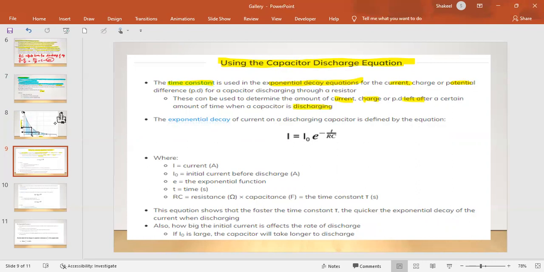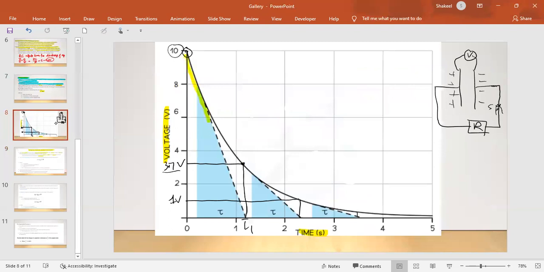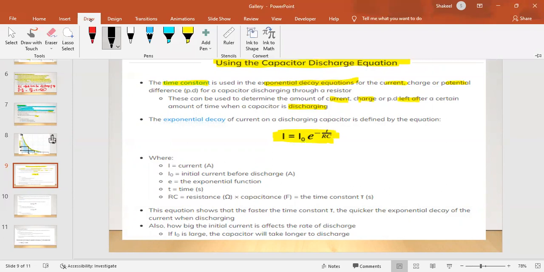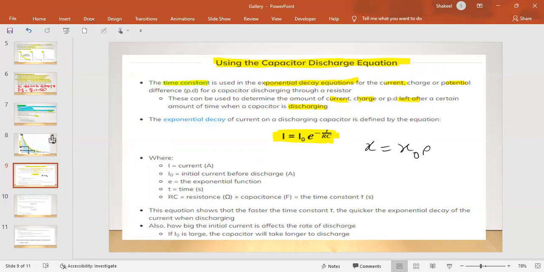And as it is decaying exponentially, its equation is of course an exponential equation as well. The general equation is x equals x naught e to the power minus t over RC. At the place of x, you can put current, charge, or potential difference.